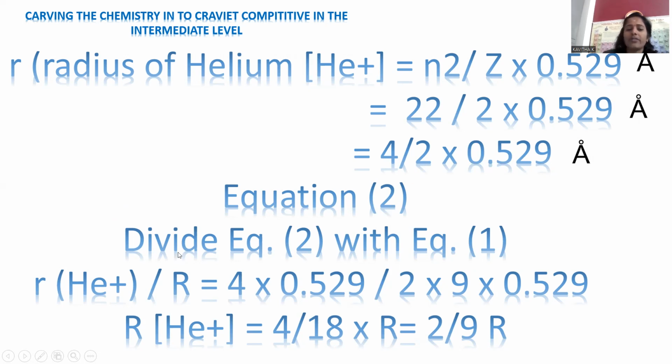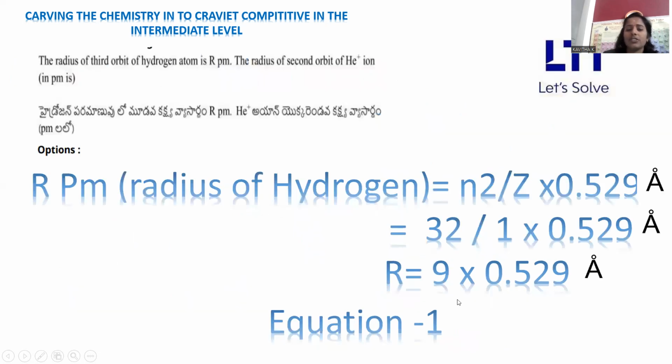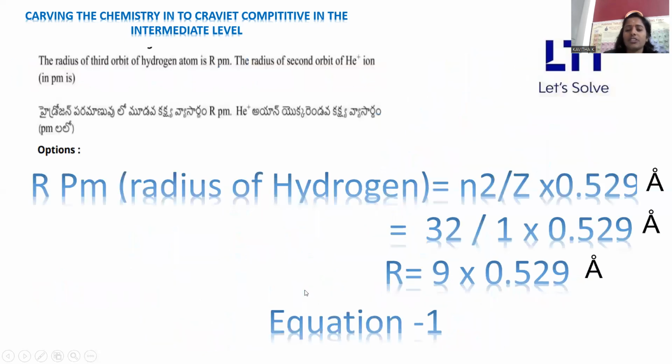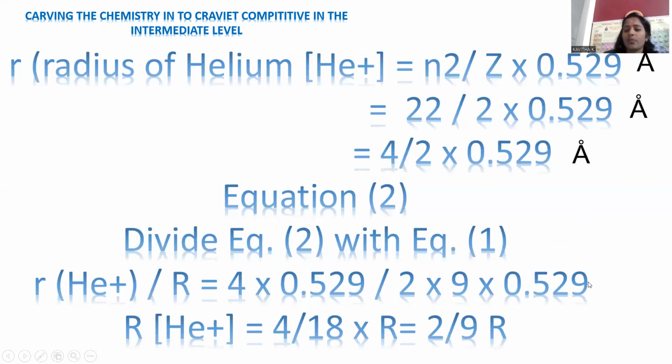Now we are going to divide equation 2 by equation 1. When equation 2 is divided by equation 1, the radius of helium plus by the radius of hydrogen is equal to 4 by 2 into 0.529, over 9 into 0.529, where R means hydrogen.